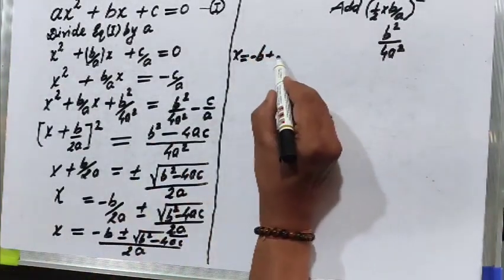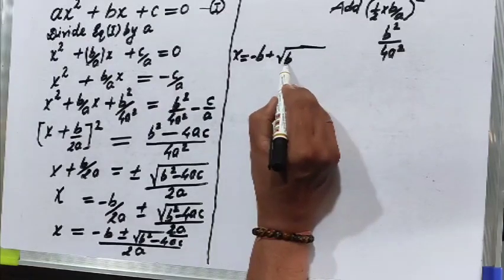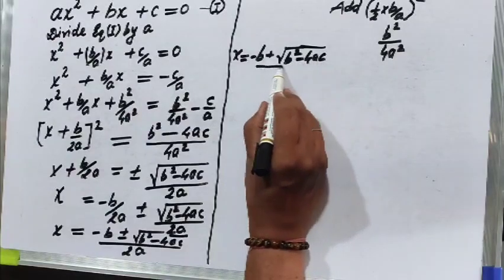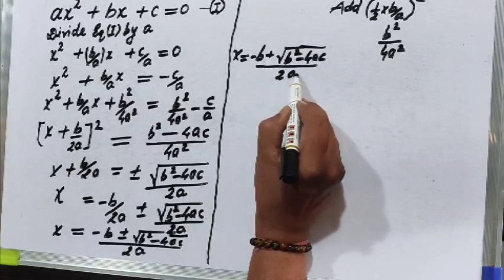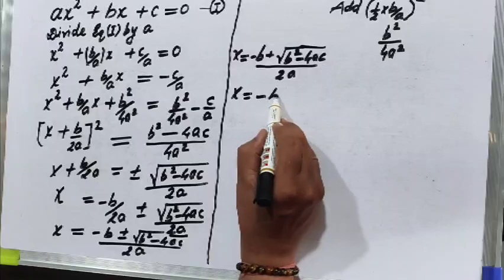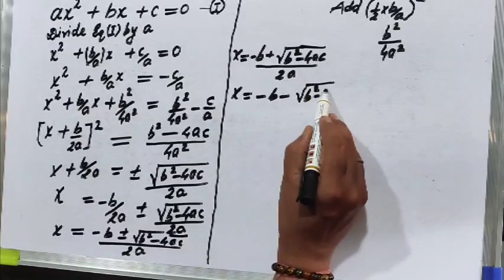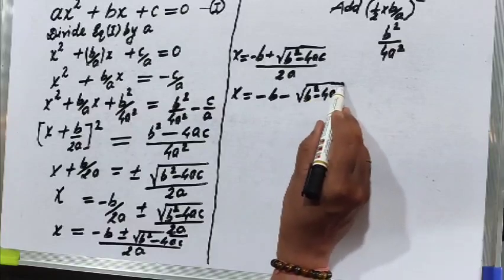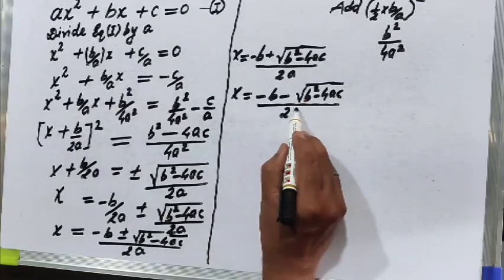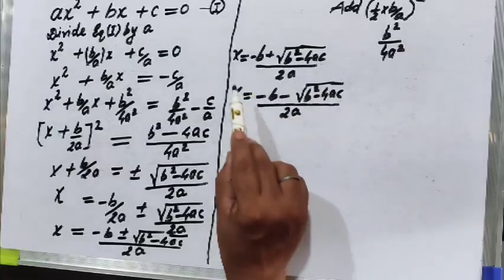So it is x equal to minus b plus under root of b square minus 4ac divided by 2a, or x is equal to minus b minus under root of b square minus 4ac divided by 2a. So there are two roots of the quadratic equation which we got by this formula.